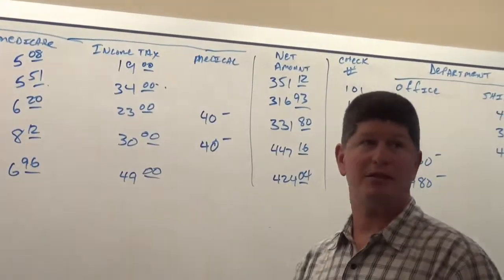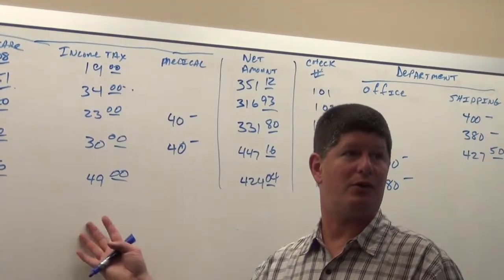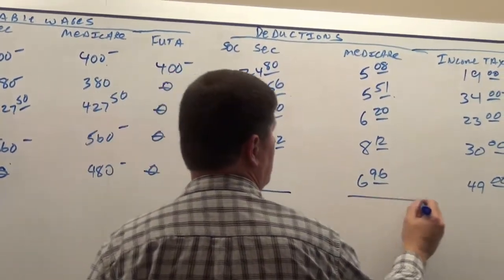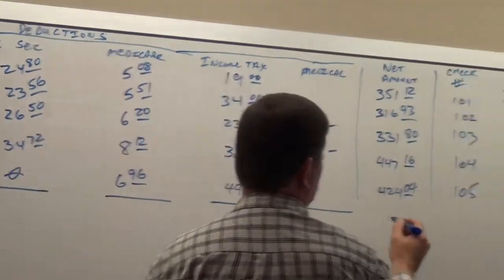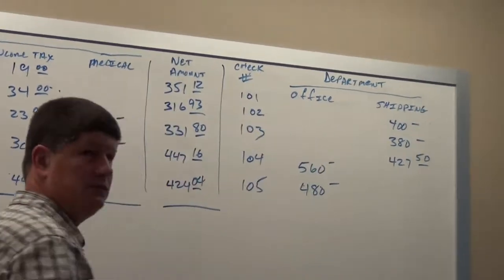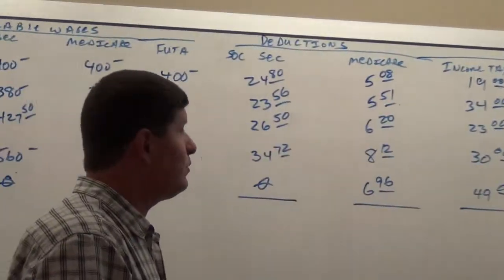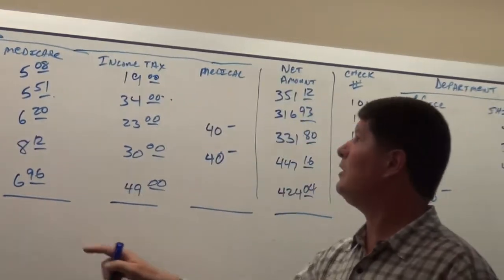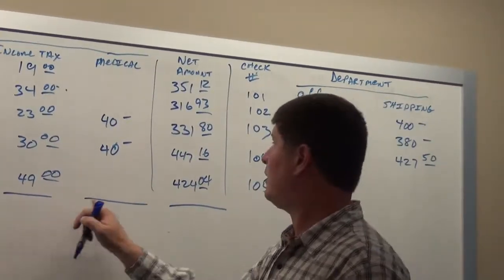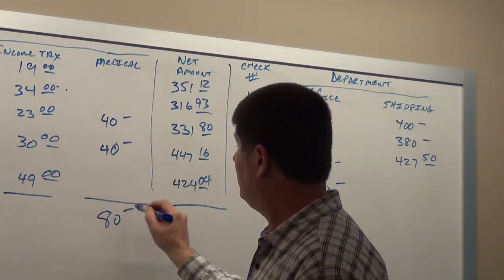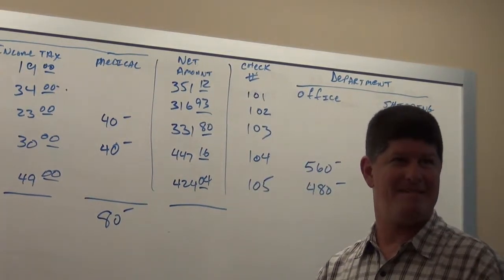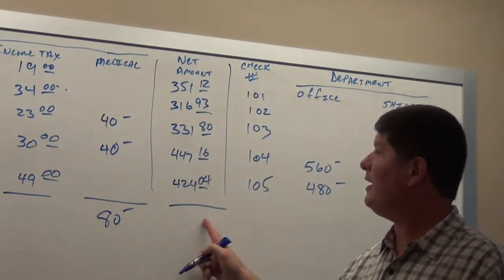Next step, just like with our special journals, we're going to total all the deductions and the gross pay. You guys with calculators, I'm going to do the medical column. Somebody do Social Security and Medicare, somebody do income tax, and somebody calculate our net pay, please.